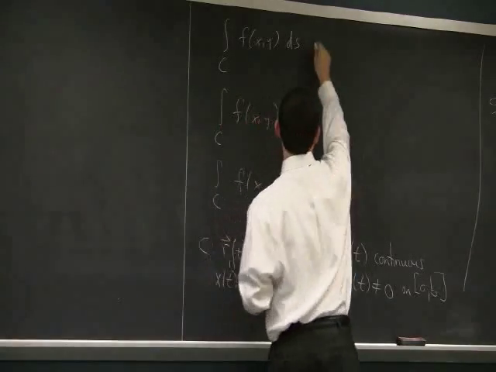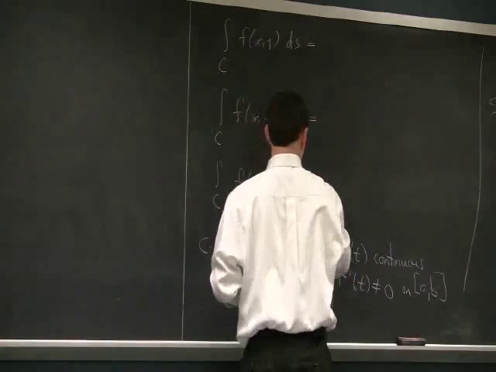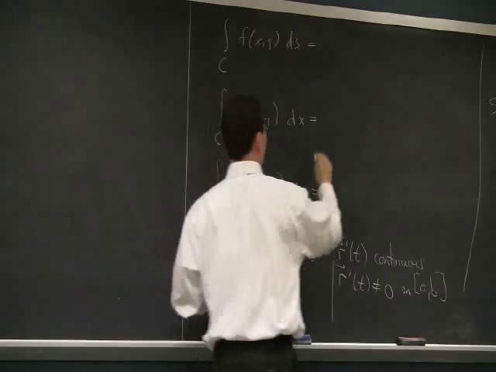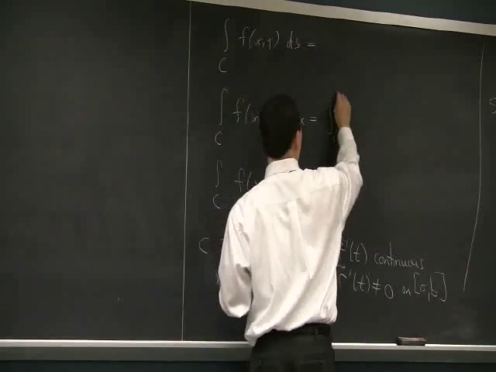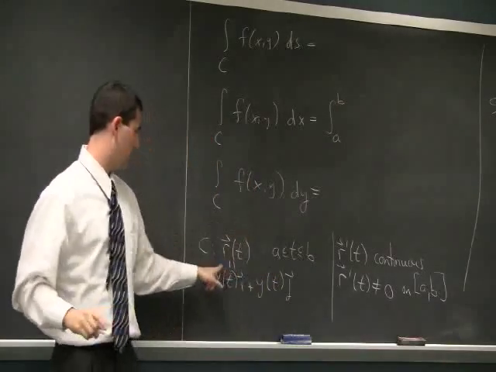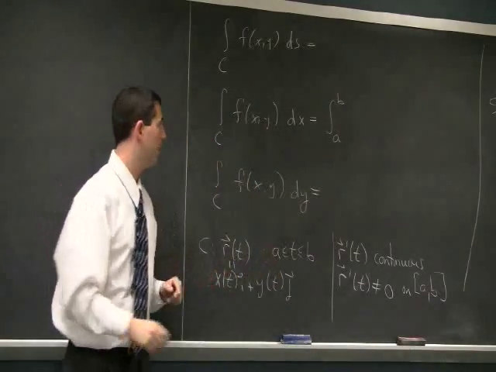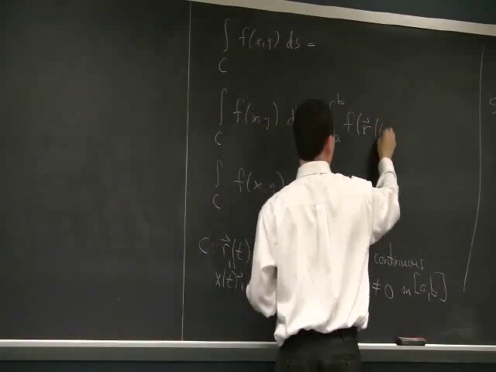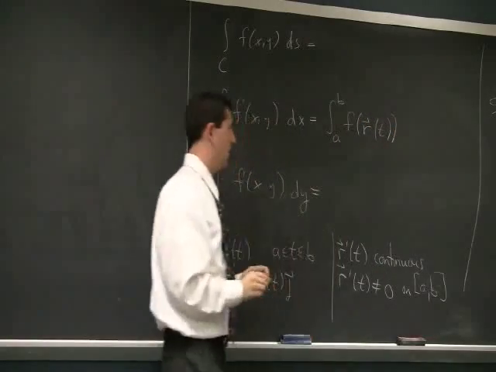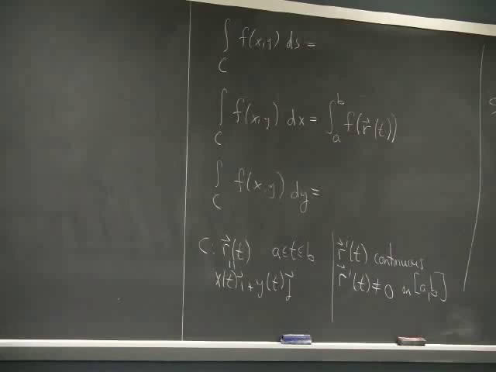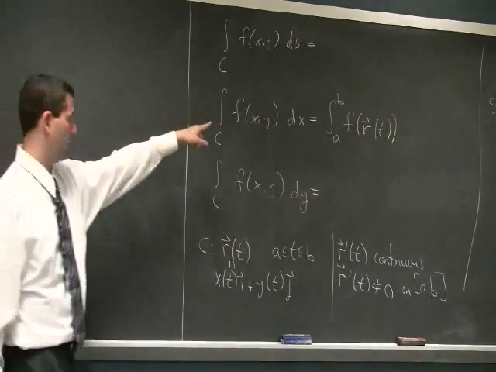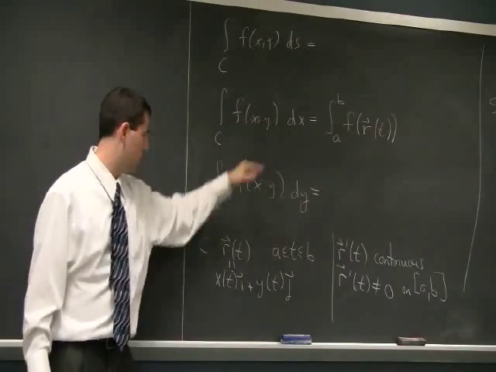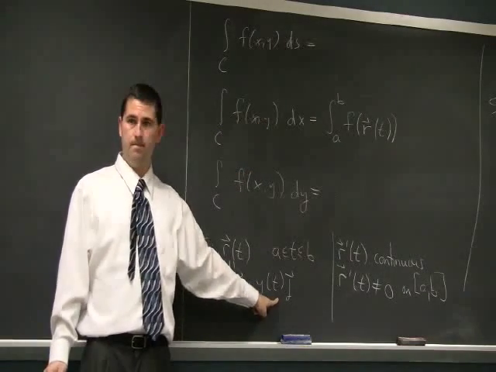Okay, and then we had formulas for these. And these two were almost identical. They're both the integral from a to b, so that a to b is coming from the parameterization. And then you integrate the function evaluated at r of t, which means everywhere you see an x in your function, you put x of t, and everywhere you see a y in your function, you put y of t.